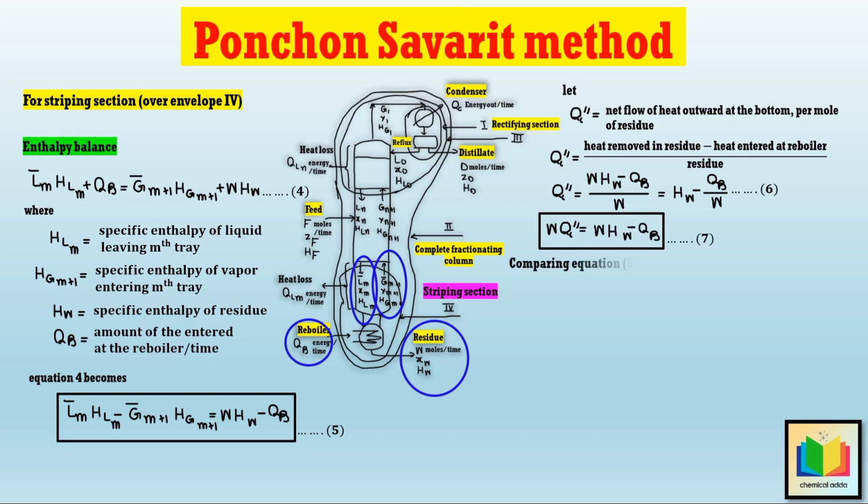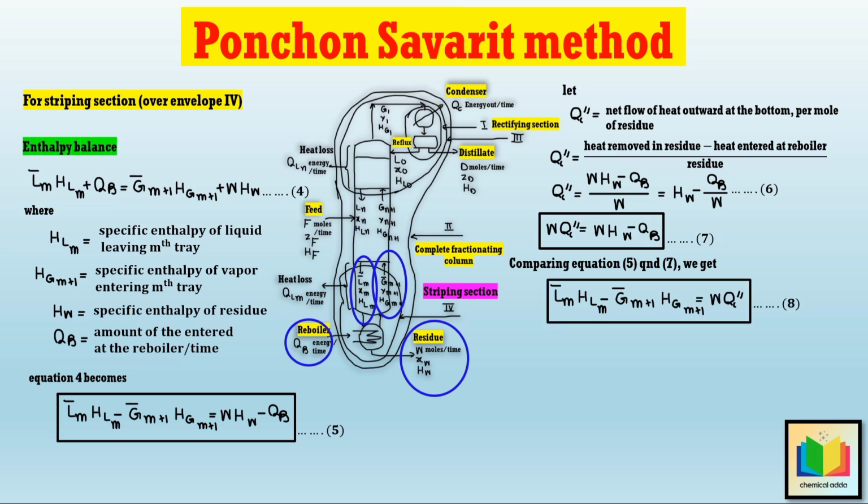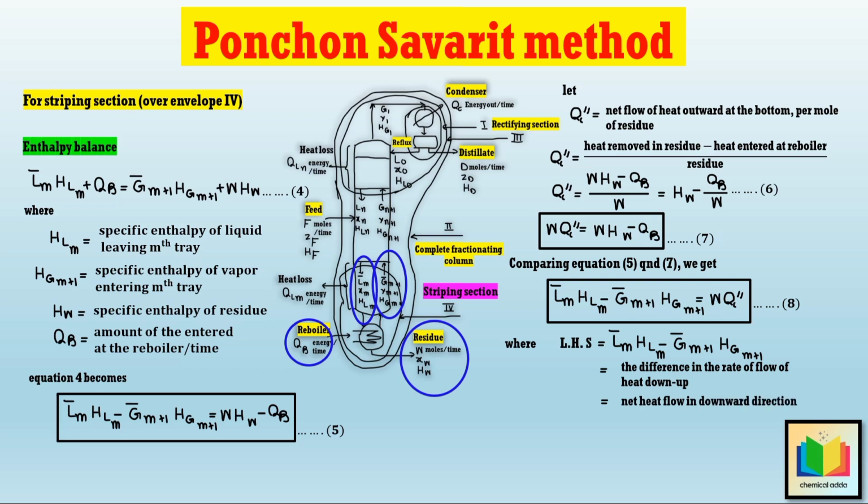Now, by comparing equations 5 and 7, we get L_M into H_LM minus G_(M+1) into H_G(M+1) is equal to W Q double dash. Where the left-hand side of equation 8 represents the difference in the rate of heat flow from downside to upside. Or we can say it represents the net rate of heat flow in the downward direction.